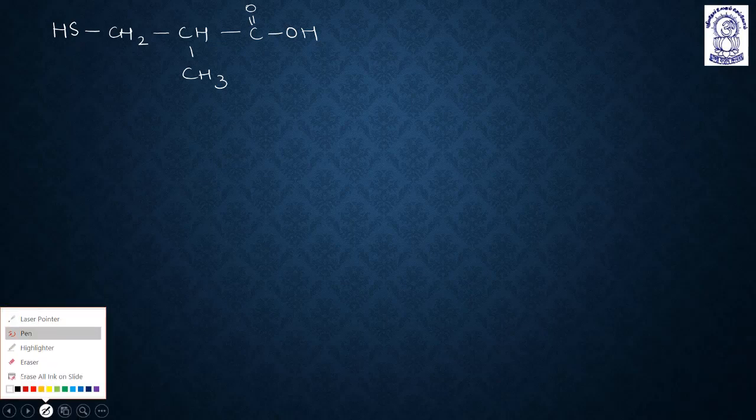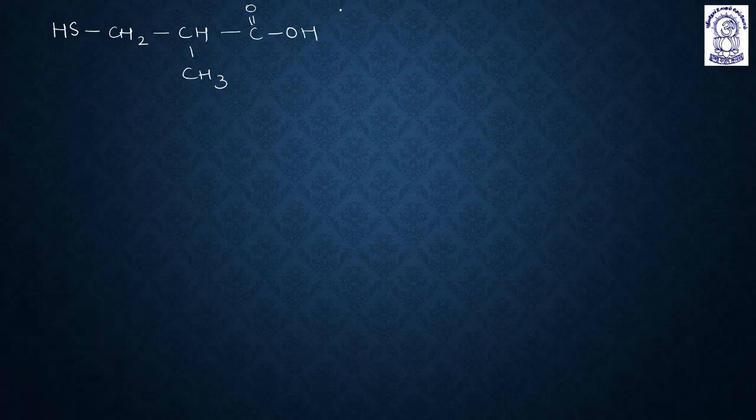Like for example, in this carbon chain we have carboxylic acid group and the mercapto group. The carboxylic acid group, you know, is more reactive than the mercapto group.